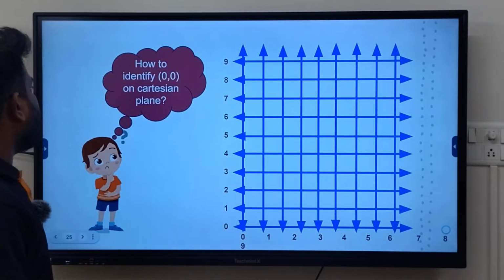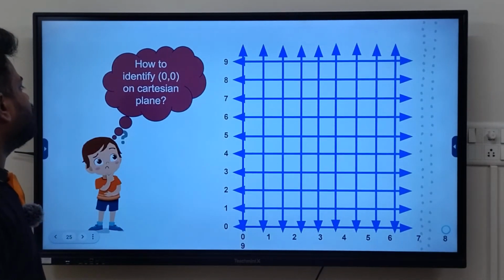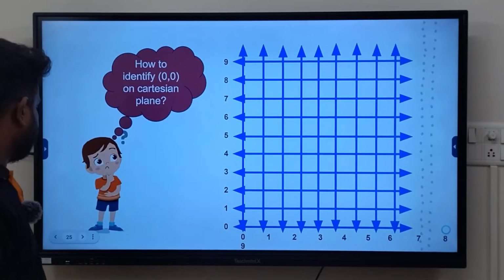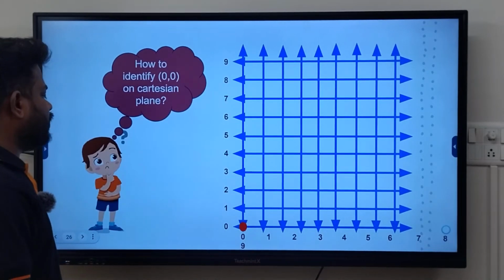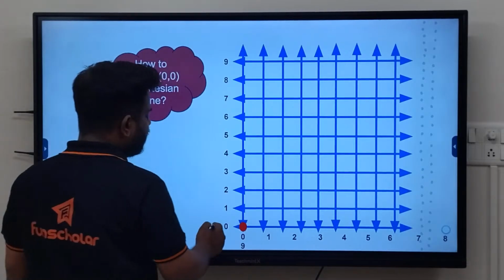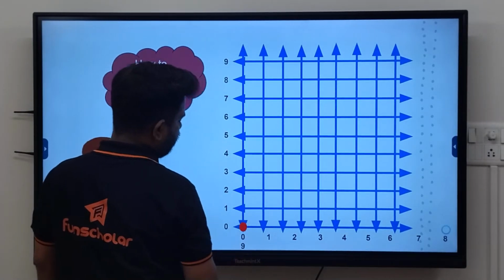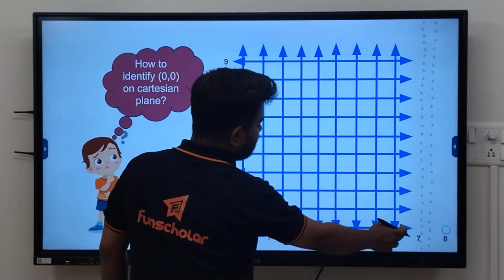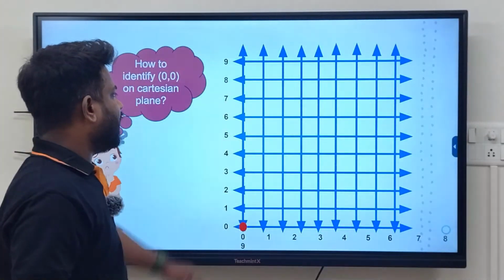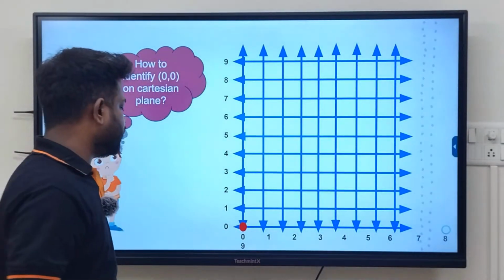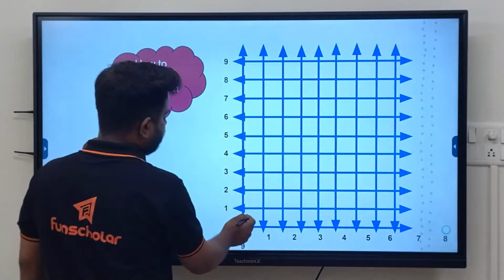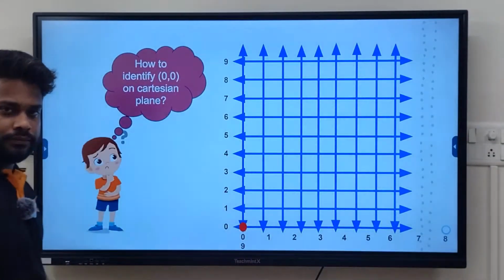Okay, so how to identify 0, 0 on Cartesian plane? Let's see this. 0, 0 will start from here if these points are given. Here all the points are given, so the 0, 0 we can just identify from here.